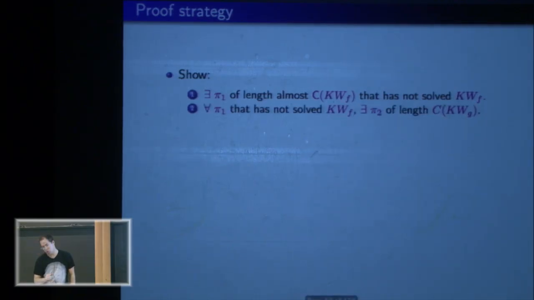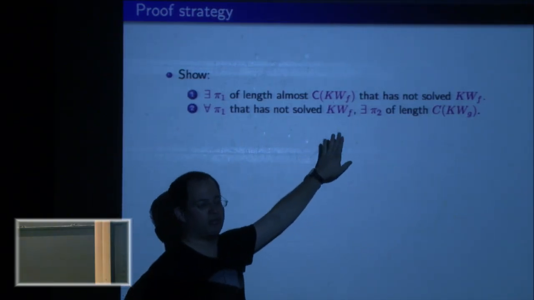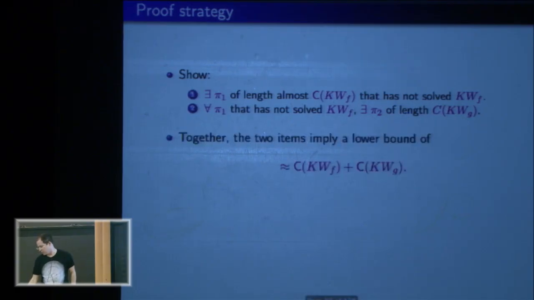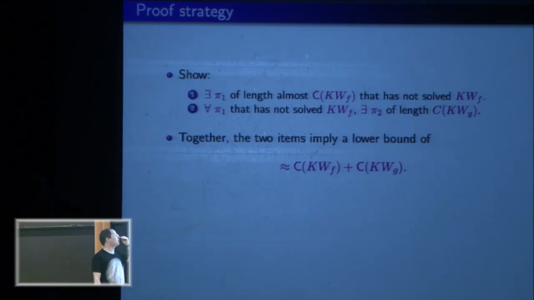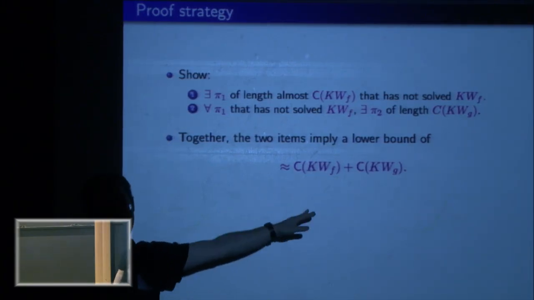The second item we are going to show is that for any partial transcript pi 1 in which they haven't solved KW_f, there is some choice of a suffix of length the communication complexity of G. That is, if they haven't solved KW_f yet, they have to communicate a number of bits which is the number of bits they need to solve G. Clearly those two items imply the lower bound that we want, because the length of pi 1 from the first item plus the suffix we get from the second item will be this lower bound.